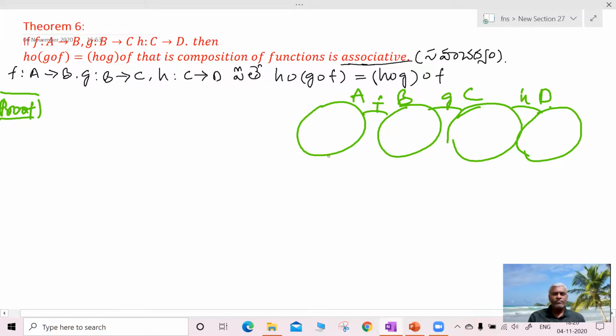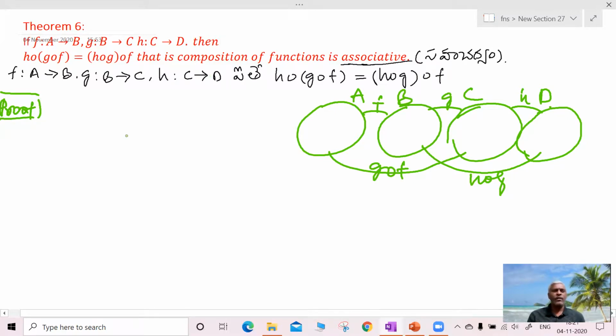So G circle F is a function from A to C, and H circle G is a function from B to D. Now we have to prove H circle G circle F is equal to H circle G circle F, that is, the composition is associative.